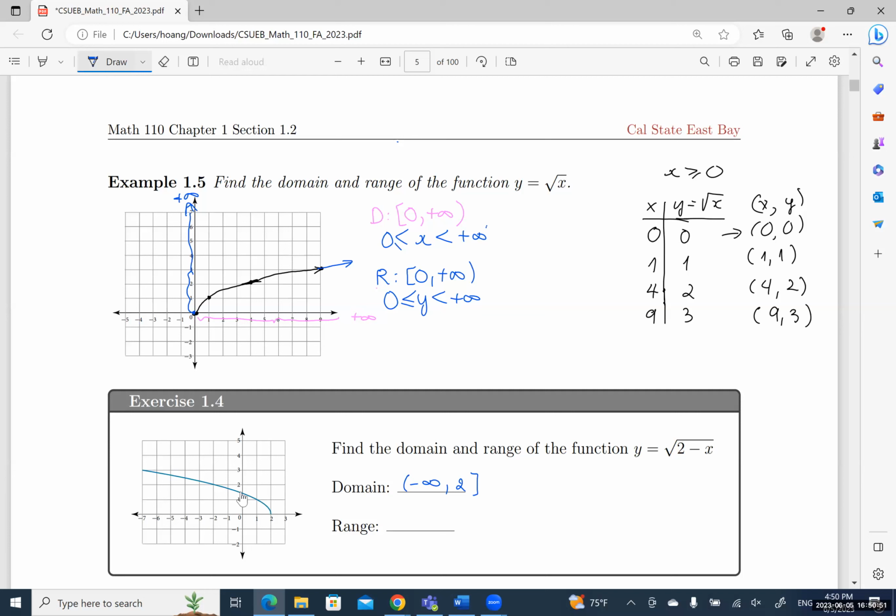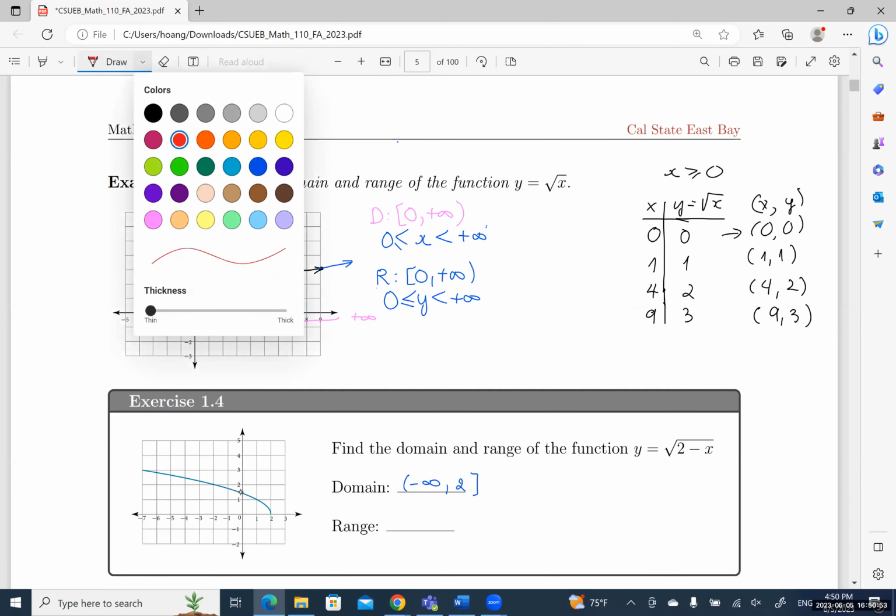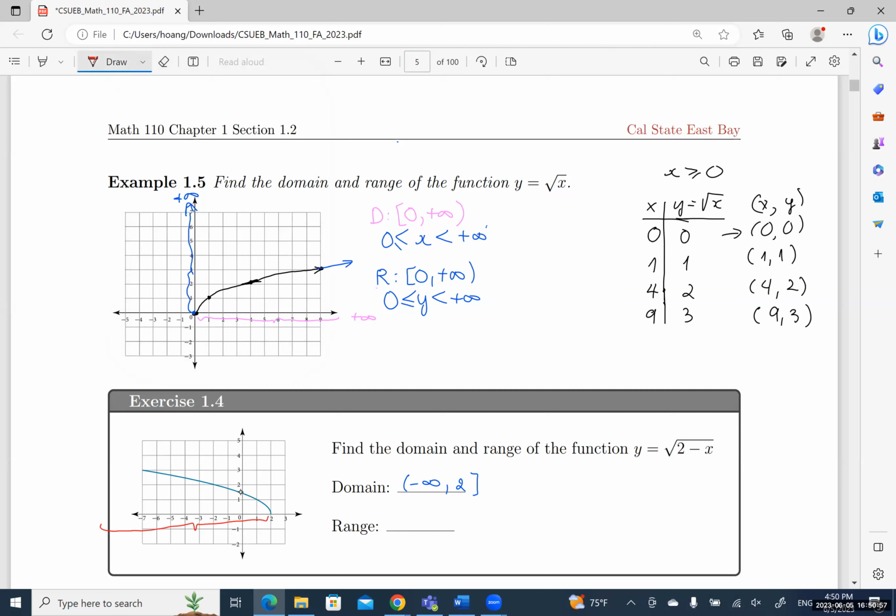You see the graph was just from 2 here and now to the negative side here. So you step horizontally from negative infinity, but not inclusive, and go up to 2, right?